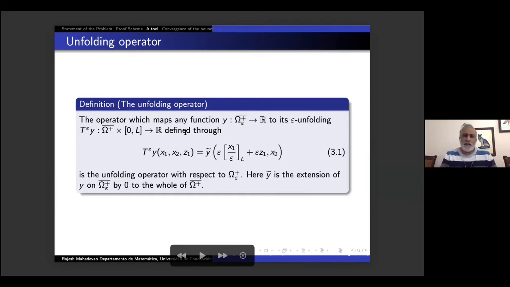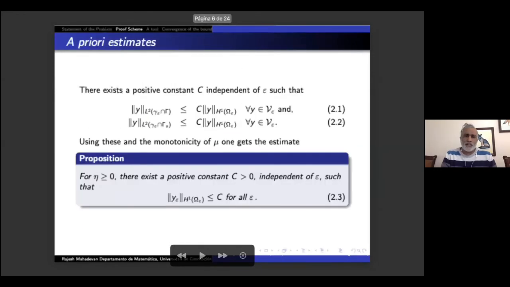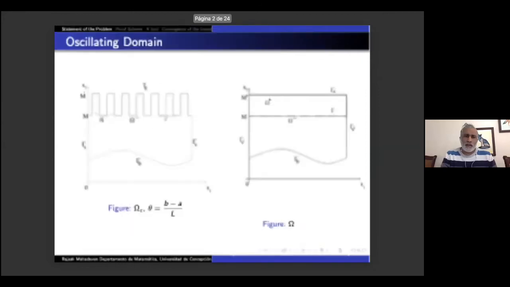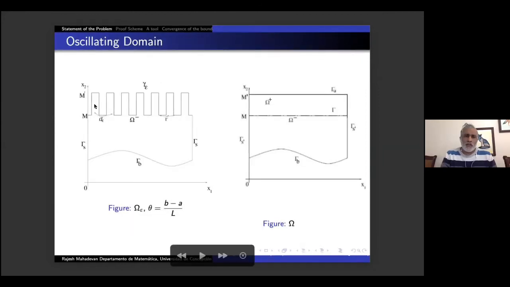Basically, if you are at some point x1 in the domain, you could quotient it modulo this period, and so you have a blown up domain, and zeta 1 is basically all the values you can take in the blown up domain.